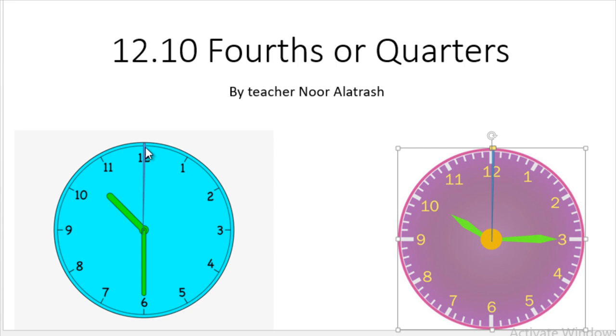If you remember, we said if the clock is showing 10:30, that means that the long hand took a long ride from the number 12 all the way to the number 6.